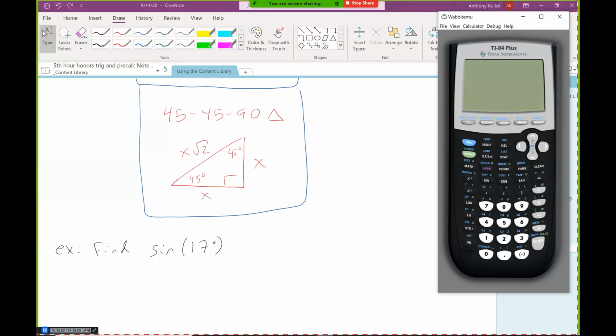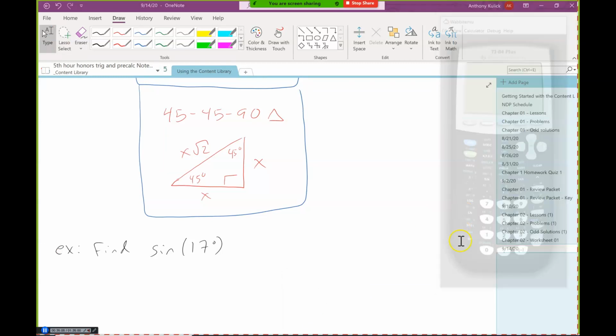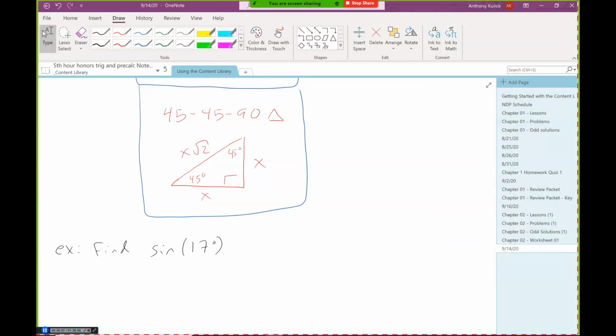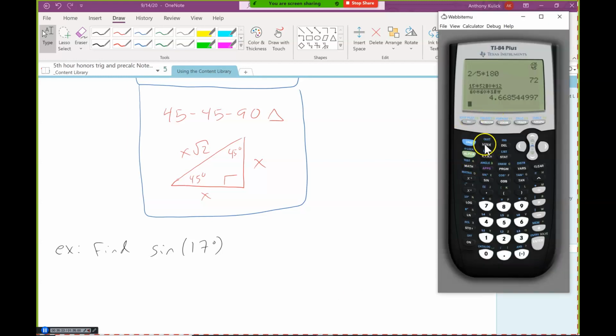Yeah, I want to make sure that the mode is correct. To check that, we'll press the mode button right next to the second button. You notice that my calculator is in degree mode. If yours is not, just move your cursor so that it's on the word degree, and press enter.